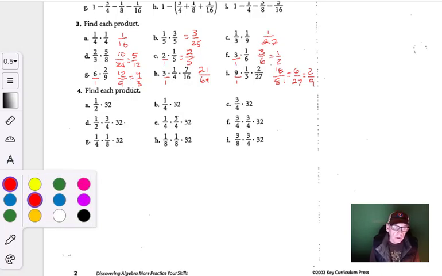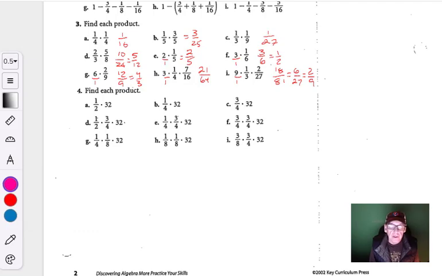Let's look at number 4. I must find the products. So half of 32 is 16, and if we multiply it out, we get 32 over 2, which is 16. Looking at b, put the 32 over 1.